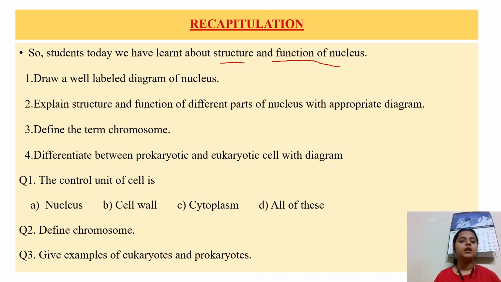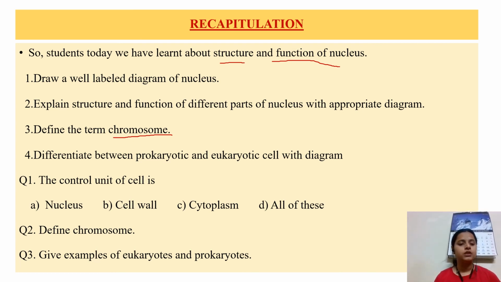Third is defining the term chromosome. We have also defined the term chromosomes and where it is present. Then, differentiating between prokaryotic and eukaryotic cell with diagram. We have seen the diagram of prokaryotes and eukaryotes and from there we found out the similarities and differences between these two diagrams.